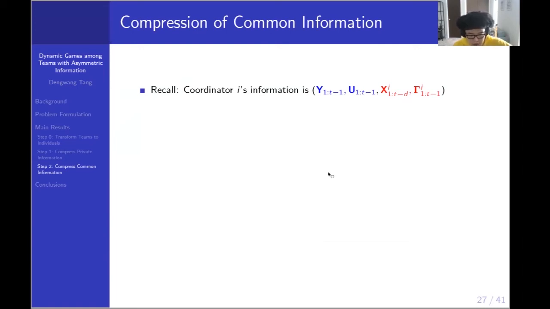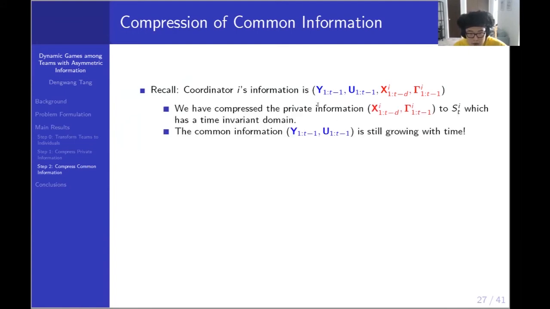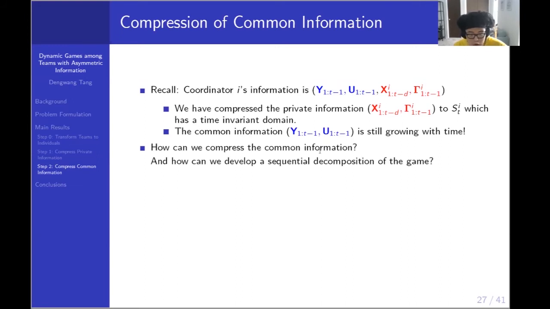Recall that the coordinator's information consists of the following: the noisy observations up to time t minus 1, actions up to t minus 1, all the local states up to t minus d, and all prescriptions up to t minus 1. We have compressed the private half of it, but the common half is still growing with time, as you can see. So how can we compress that part?